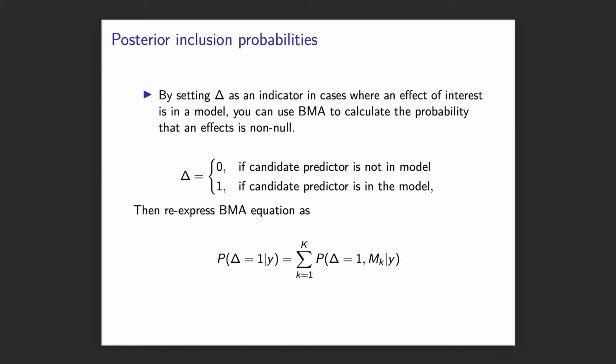You can get posterior inclusion probabilities, which measure the probability that a candidate predictor is in the model or not. The cool thing is that you can just treat delta as an indicator variable, and then re-express your Bayesian model averaging equation from the previous slide, and you can easily get posterior inclusion probabilities just like that.